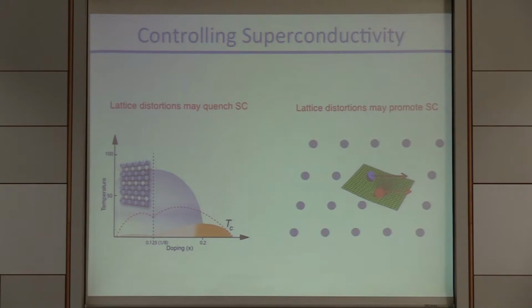In 1/8 doped single layer cuprates, the system would like to be a 40 Kelvin superconductor, except that a frozen lattice distortion makes it a 1 Kelvin superconductor. So the idea is that if I can destroy this buckling, I can reveal the hidden state, and I can keep my laser going for some time without frying the material.